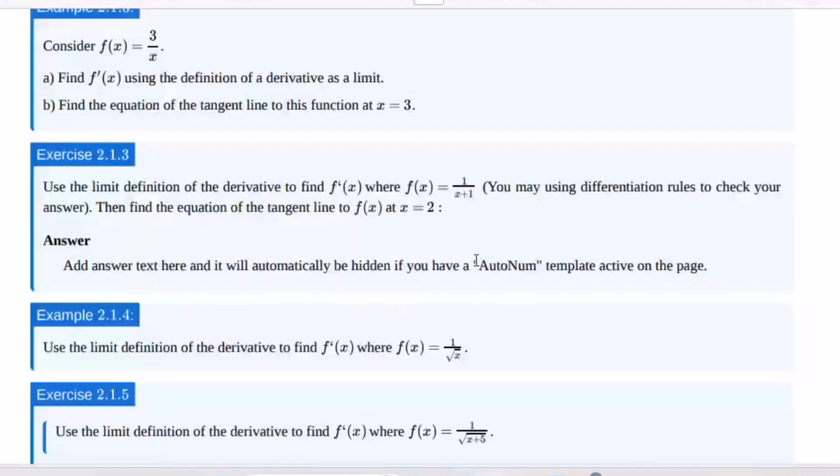Our f of x is 1 over the square root of x plus 5. Now, in the place of f of x plus h, please listen to me carefully. I'm saying we are going to write 1 over the square root of x plus 5 plus h. Do you agree with me or disagree with me? We agree.